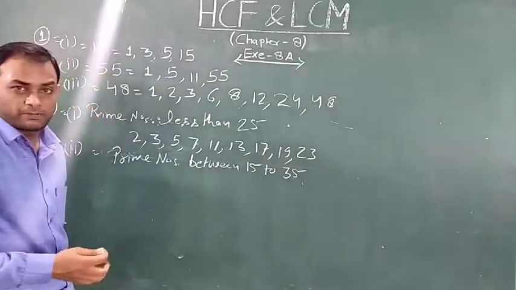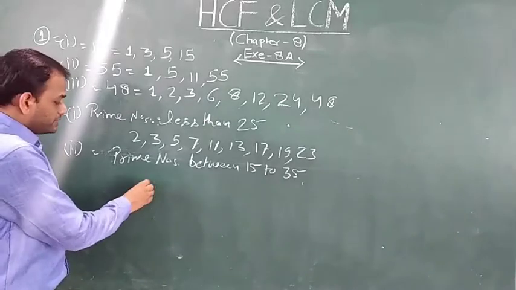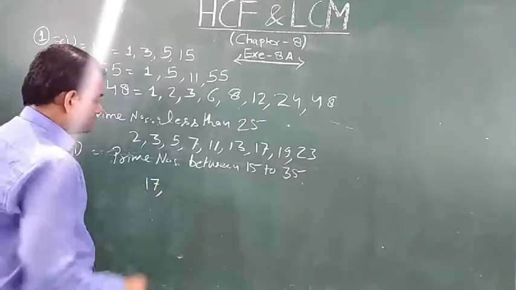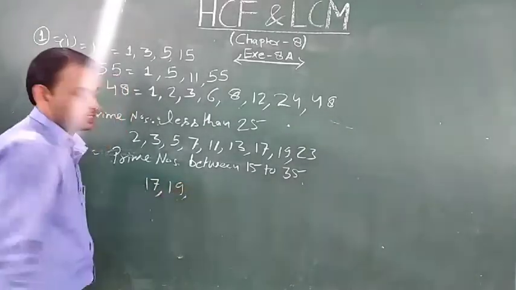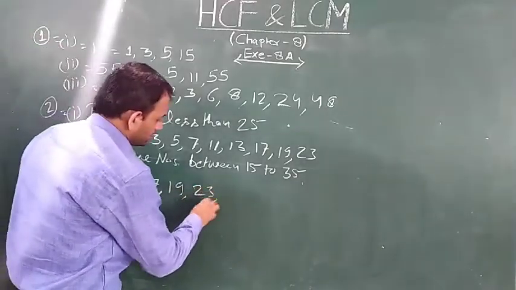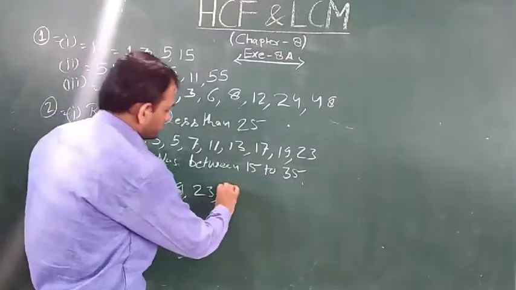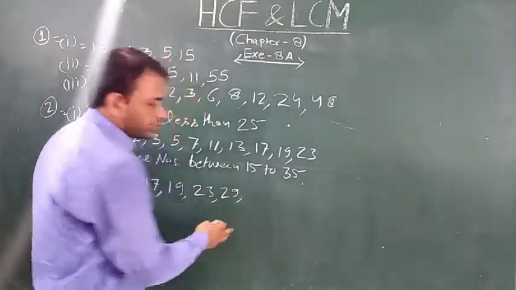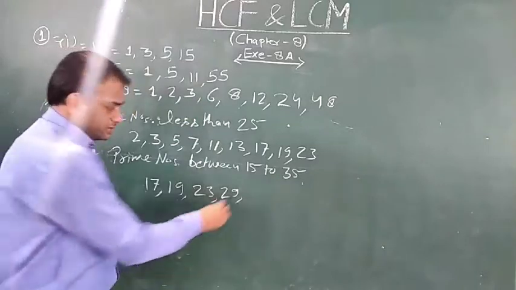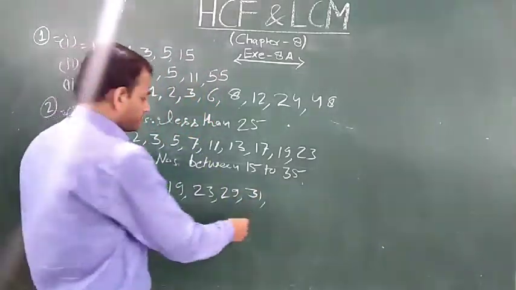So 16 is not a prime number. Then 17, 18, 19, then 20, 21, 22, 23, then 24, 25, 26, 27, 28, 29, then 30, 31, 32, 33, 34, 35.